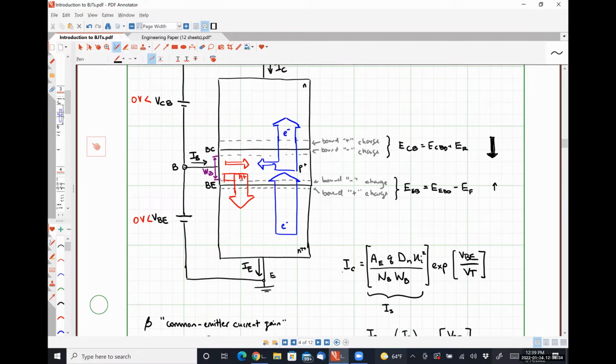They both increase, right? So we should see some increase in the collector current for increasing VCB and in turn increasing VCE. This phenomenon is called the early effect, okay?